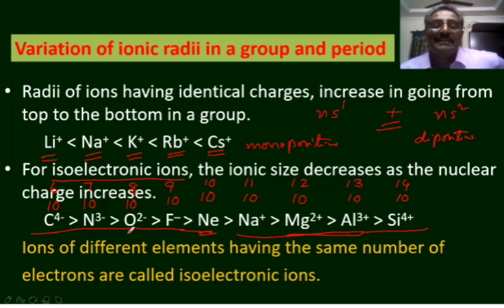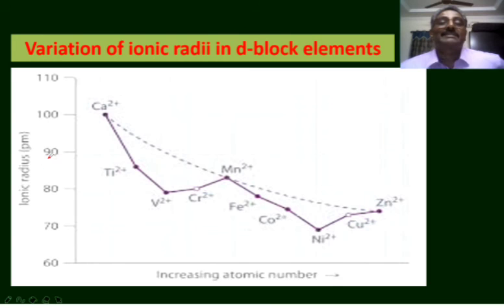The reason is the effective nuclear charge is more in the fluoride ion compared to the oxide ion. So the ionic size is less in the case of fluorine. Right? Ions of different elements having the same number of electrons are called isoelectronic ions. This is the variation of ionic radii in the elements.